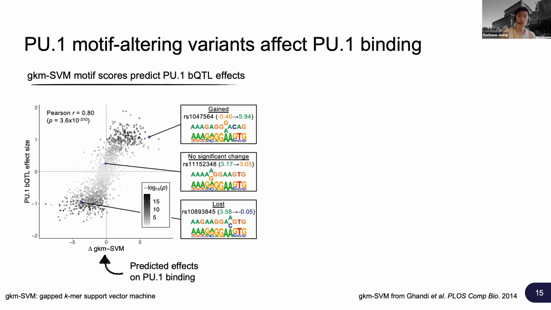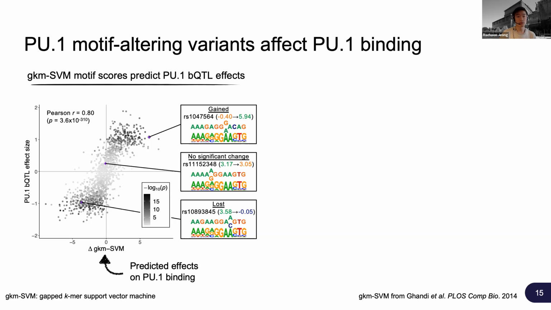I used a method called GKM-SVM to predict PU1 affinity of the 30 base pair sequence surrounding each variant. And the differences in the scores of the two alleles of the variants are the predicted effects on PU1 binding. As you can see, there is strong correlation, suggesting that the difference in the GKM-SVM score is quite predictive of the variant effect on PU1 binding based on ChIP-seq data.